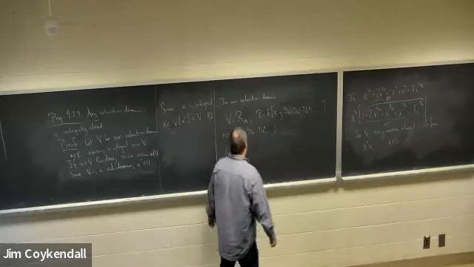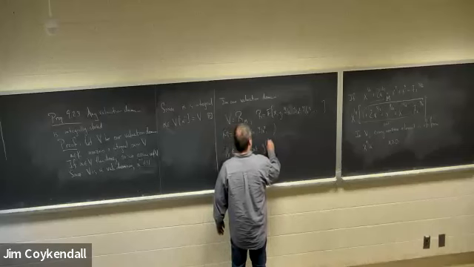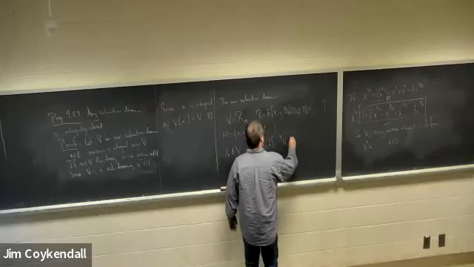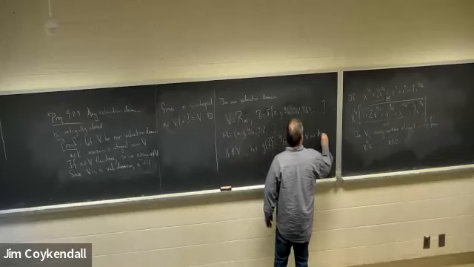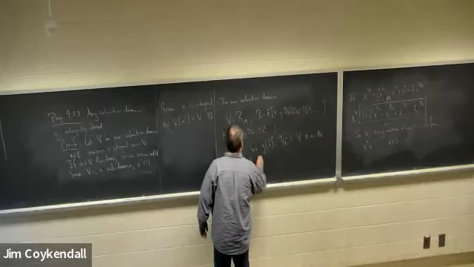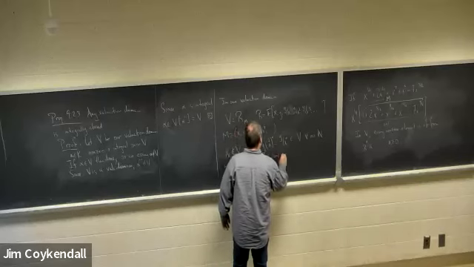But y times 1 over x to the n, which is y over x to the n, is in V, for all n natural numbers. So V is not completely integrally closed.